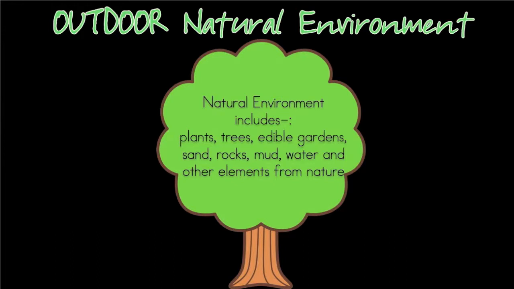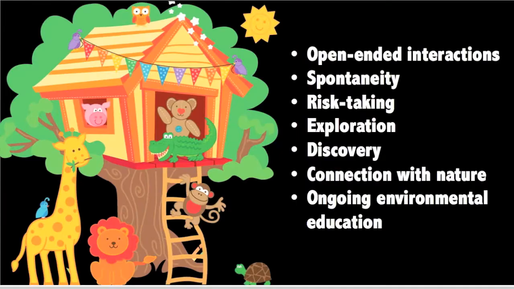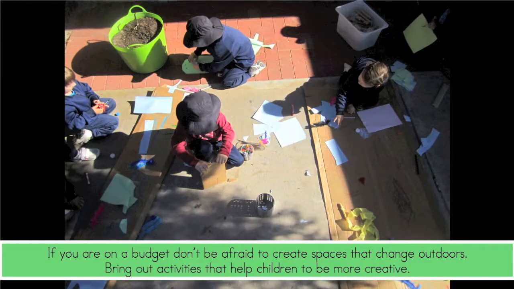So our natural environment, right, it needs to have open-ended interactions. There needs to be an element of spontaneity, risk-taking, exploration, discovery, connection with nature, and ongoing environmental education. When we're thinking of our budgets, don't be afraid to create spaces that change outdoors, bringing out activities that help children to be more creative.